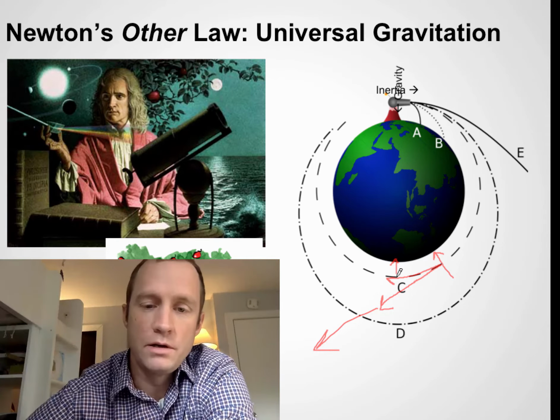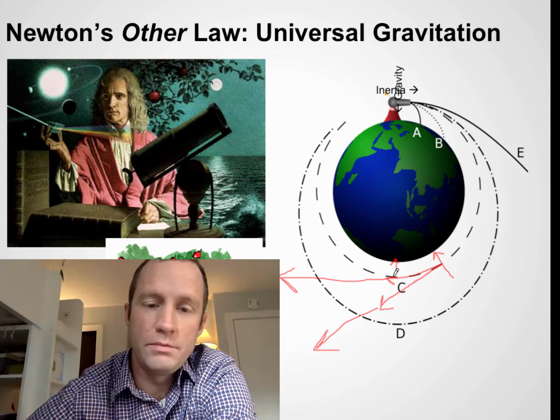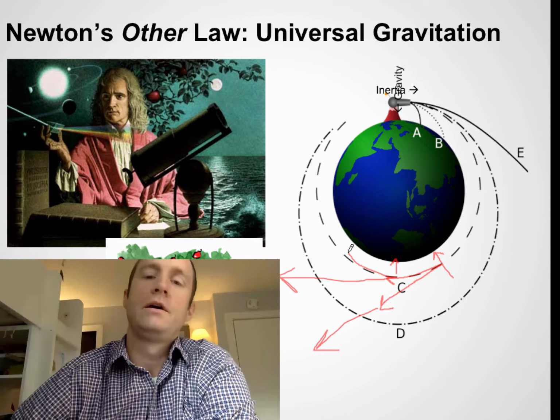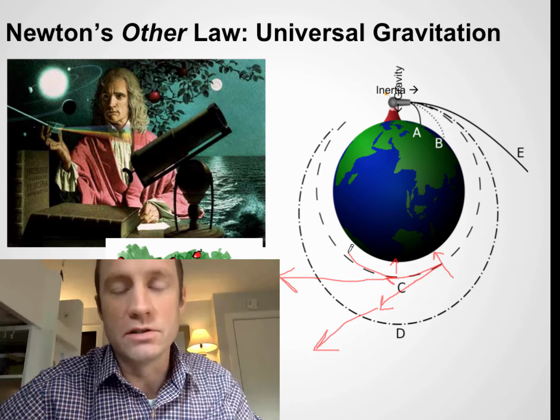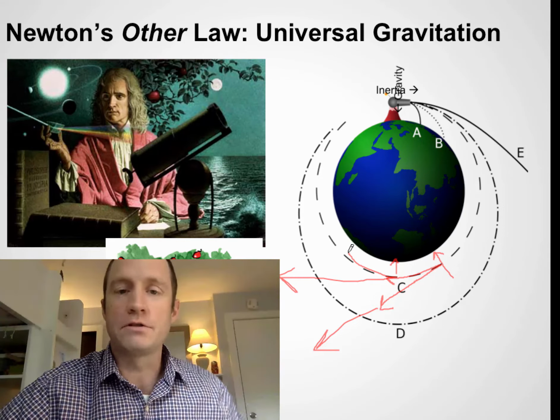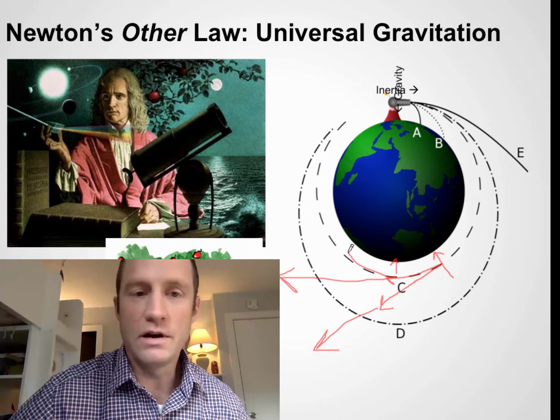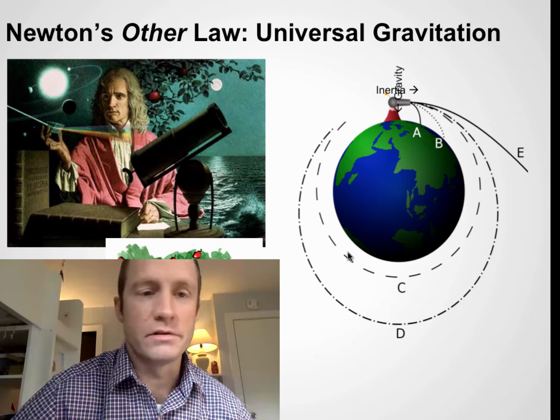So now at this point, the satellite or the cannonball or whatever wants to go that direction, but gravity's pulling it down a little bit, so it still moves here. Now, of course, with a cannonball, you've got air resistance to slow that cannonball down. But with things beyond our atmosphere in outer space, there's nothing to slow it down, and so it can stay in orbit forever, virtually forever.